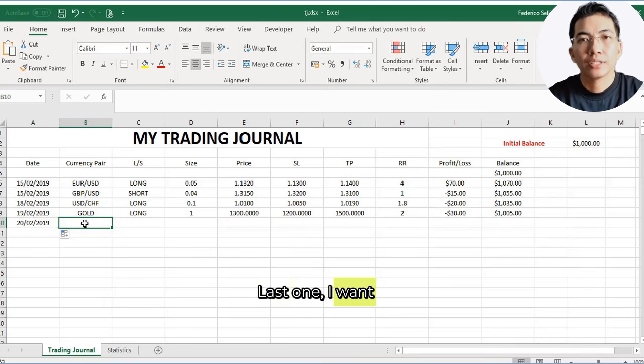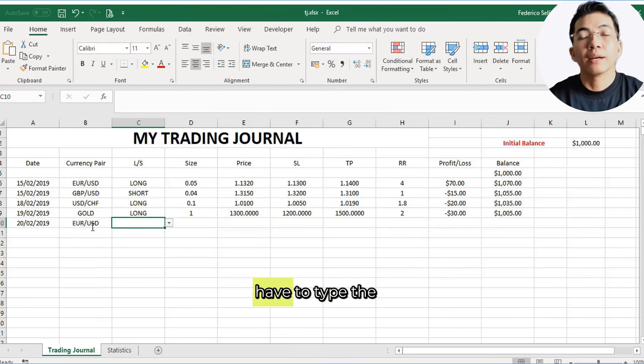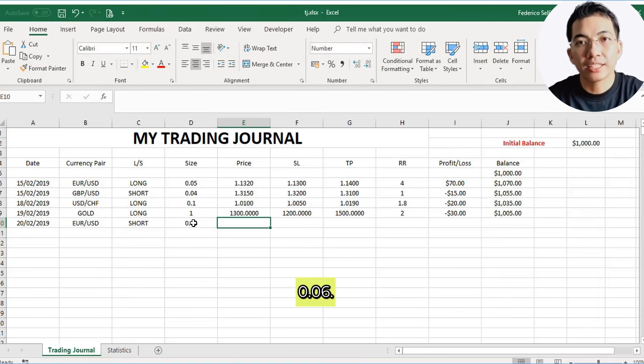Last one, I want again the euro against the US dollar. It is very convenient because Excel recognizes that you already have something similar in your file, so you don't even have to type the whole name again. This time I want a short position for 0.06.